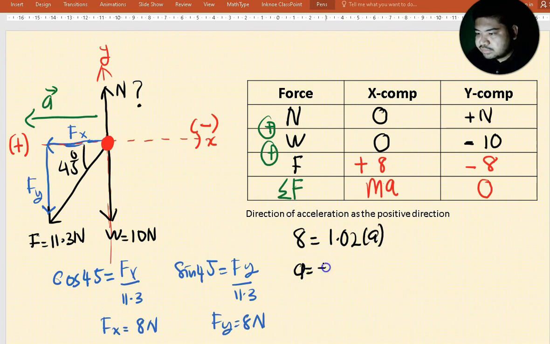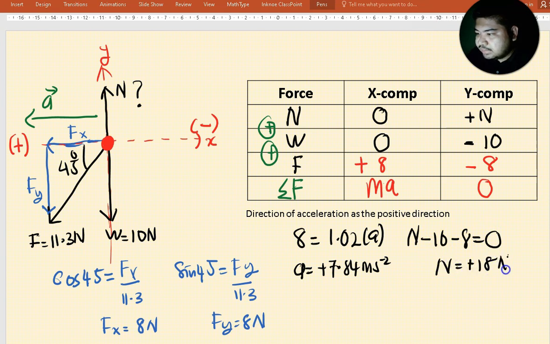So the acceleration is positive 7.84 m/s squared. Okay, and for the y component, we have n plus negative 10, so n minus 10, plus negative 8, so minus 8, and this value is going to add up to 0, so n is going to be equals to positive 18 Newton.